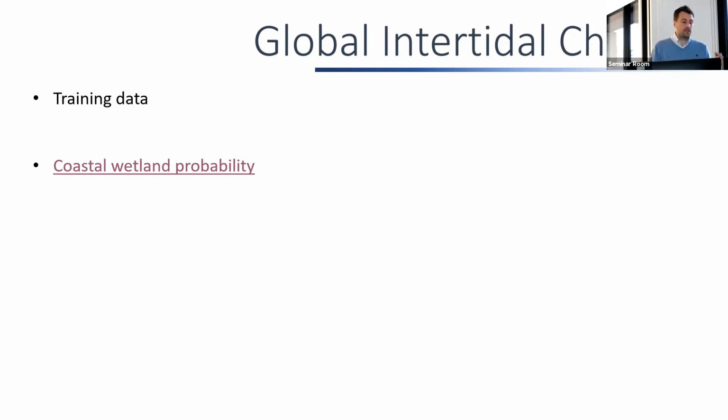What was done was that a random forest was used to predict, based on that training data set, the probability that a pixel was a coastal wetland on a scale of 0 to 100.